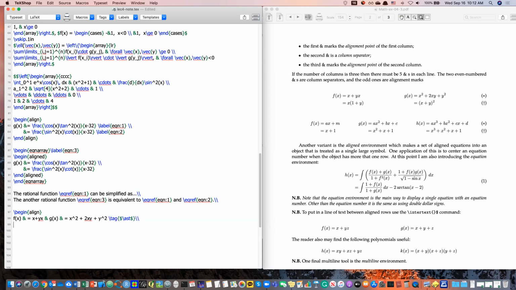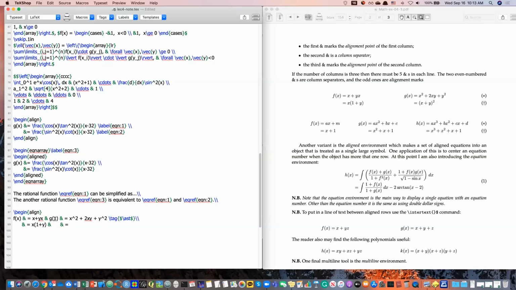Now the next one is equals. The first ampersand symbol is the alignment point, right? That is equal to x times 1 plus y. Next line, and equal to. Look at this. This one is a column separator, so we move to the second column.